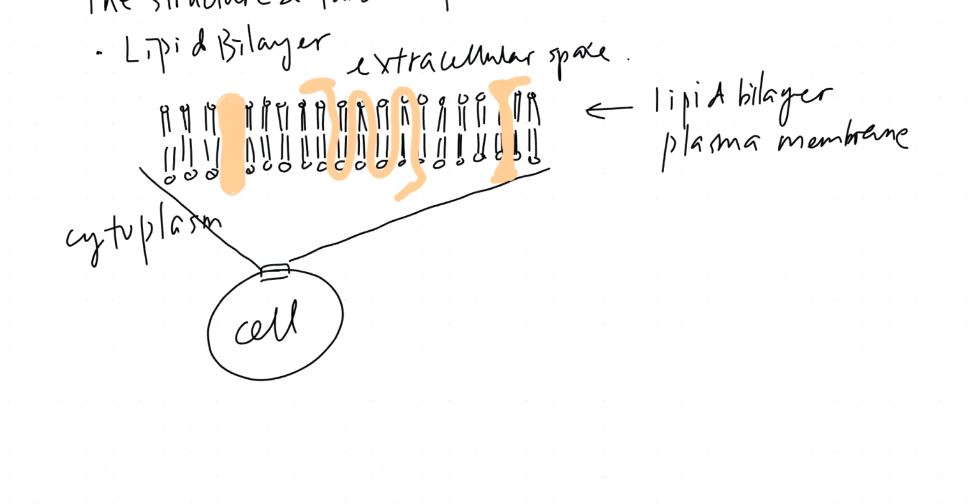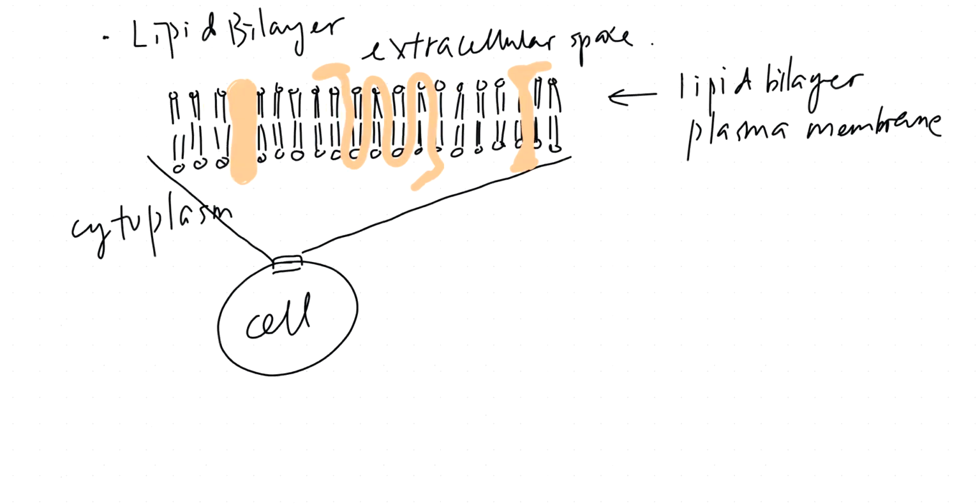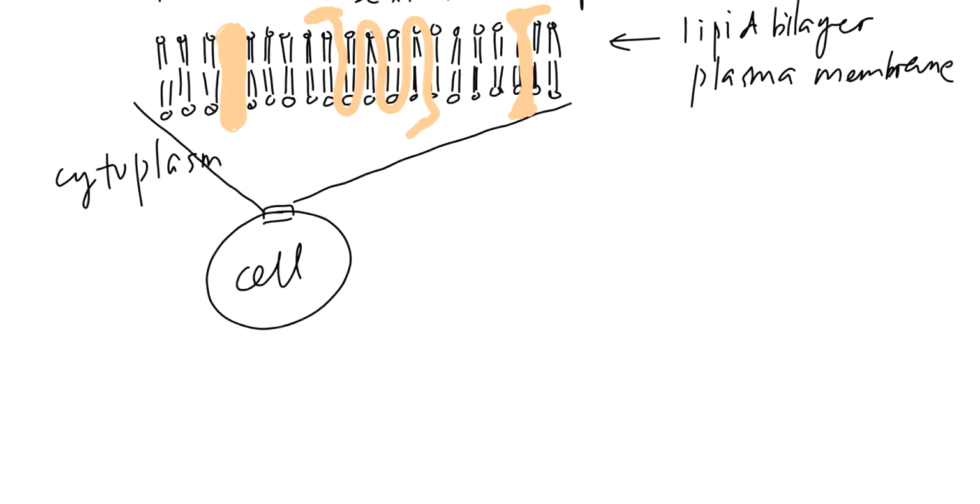The lipid bilayer itself is not very permeable to substances. Some substances, like electrolytes or molecules like glucose, if they want to go across the cell membrane, depending on what they are, may need the help of a protein to transport them.